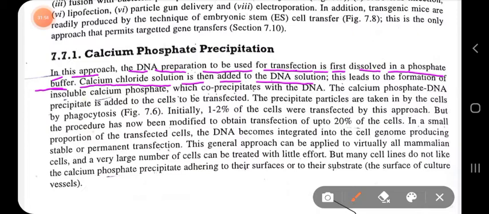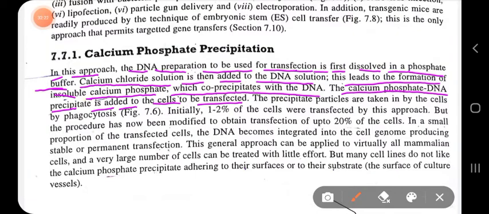Now, when we add this calcium chloride solution to the DNA solution, it leads to the formation of a precipitate known as calcium phosphate precipitate, which is insoluble. It co-precipitates with the DNA, so the DNA gets entangled with it. This calcium phosphate DNA precipitate is added to the cells where the transfection process will occur.